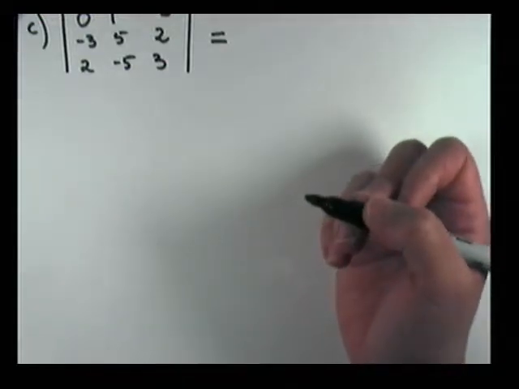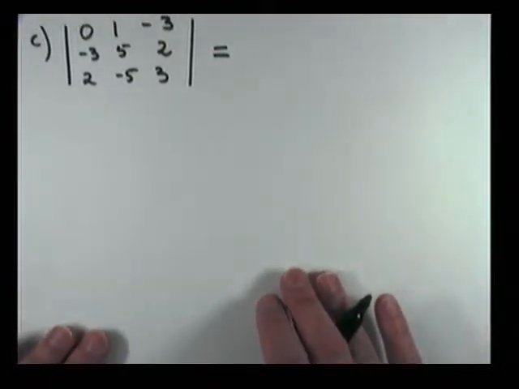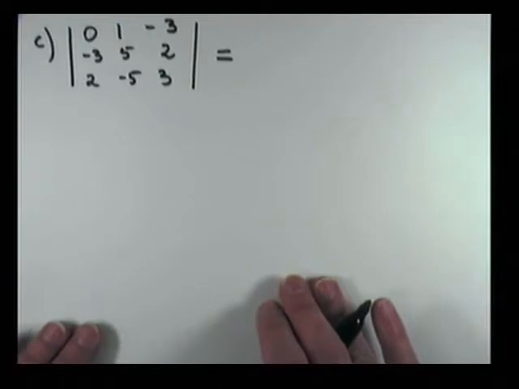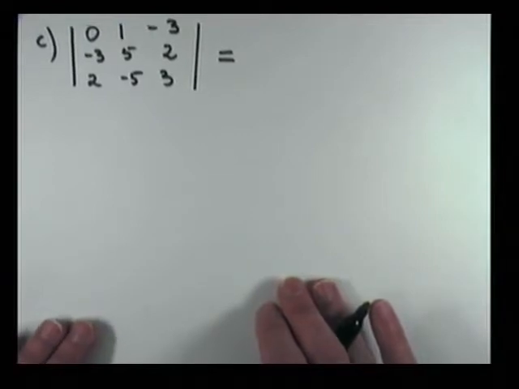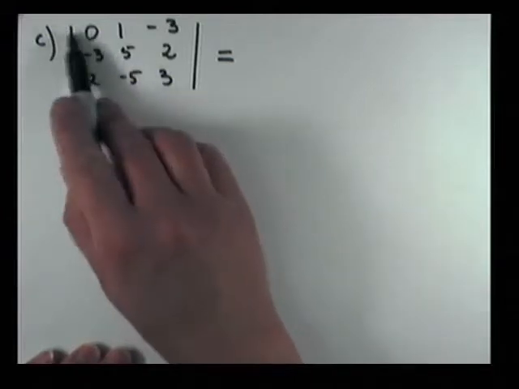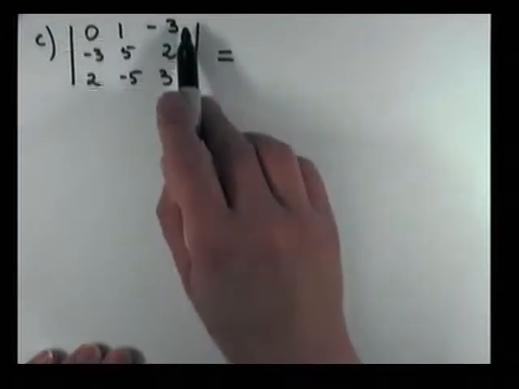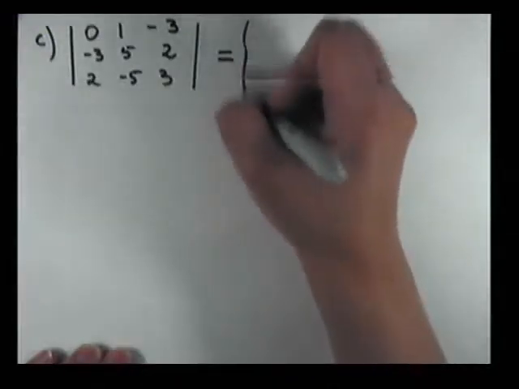To find this determinant, expand by any row or any column. For this question, it is beneficial to expand either by the first row or by the first column. So let's choose first row.